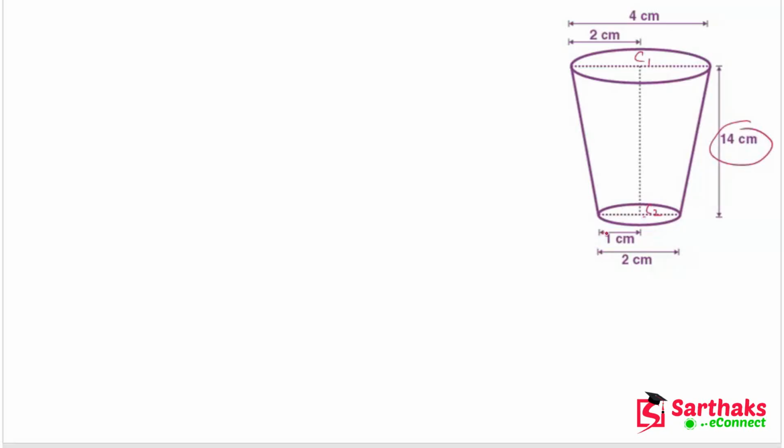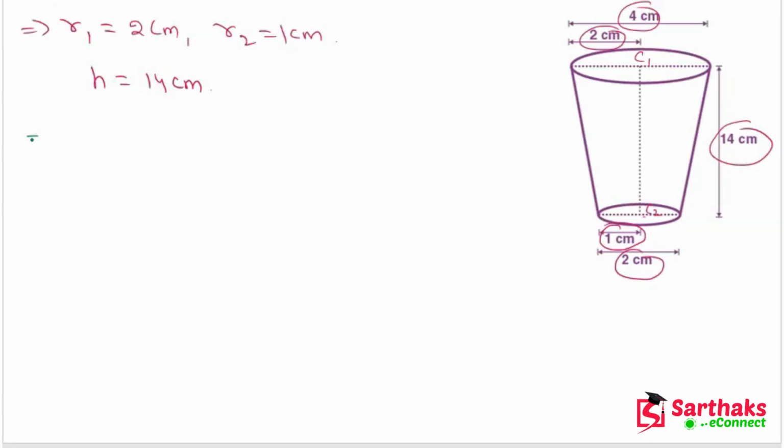The diameters of the two circular ends are 4 centimeter and 2 centimeter, so the radii are 2 centimeter and 1 centimeter. So we have R1 is 2 centimeter, R2 is 1 centimeter, and H is 14 centimeter. With the help of this data, we can easily find the volume.